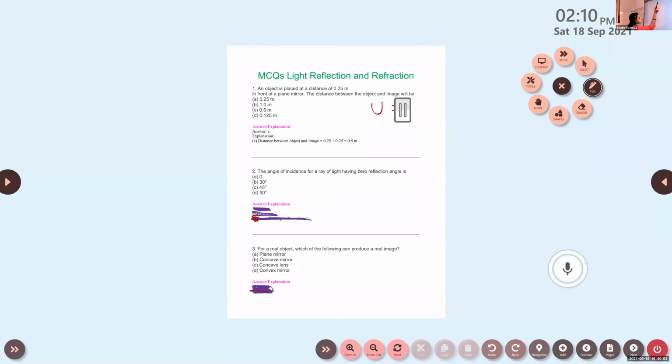So here the object distance is u equal to 0.25 meter. Similarly, the image distance is v equal to 0.25 meter. Then the distance between the object and the image is 0.25 plus 0.25.